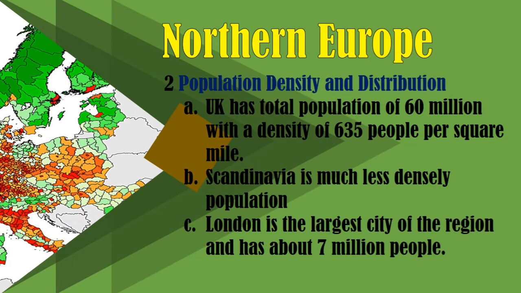The United Kingdom has a total population of 60 million with a density of 635 people per square mile, while Scandinavia is much less densely populated. This is because of a smaller population and a larger land area.